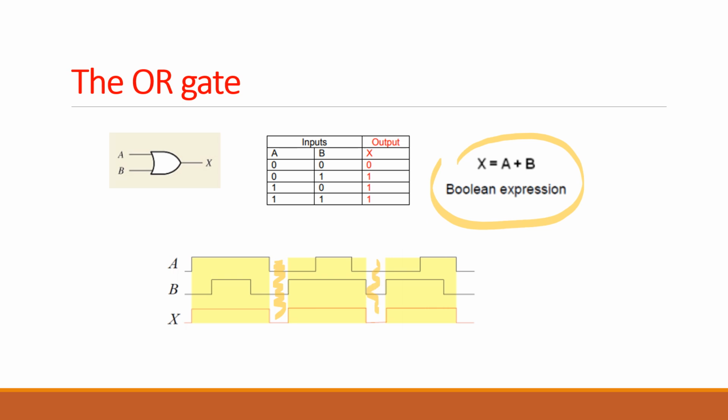Otherwise your output will be 1. So output will be a 1. Make sense? You find out where all three are zeros, then only those places you have the 0 for the output, isn't it? Make sense? Okay. So can I give you a question to do?